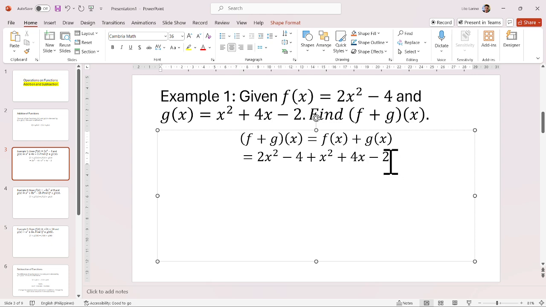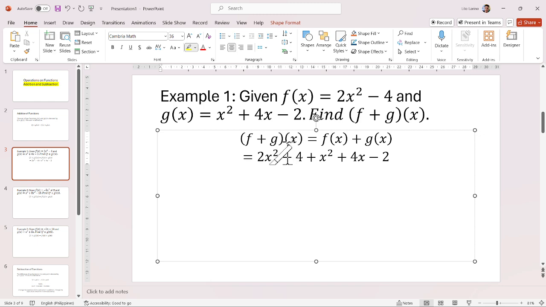When we add polynomials, we add similar or like terms. In other words, we will be looking for terms with the same variable and at the same time the same exponent. So in this case, we will look first for the variable with the highest exponent, and that is x squared.